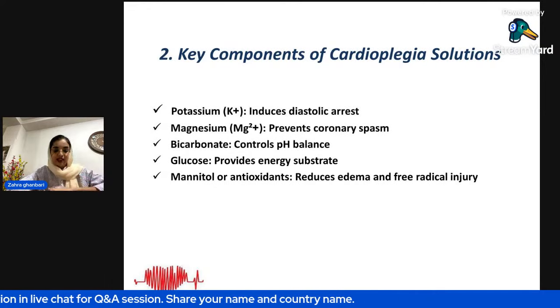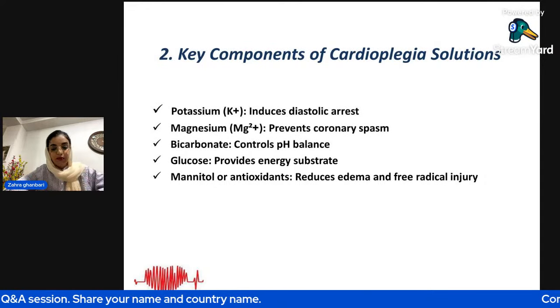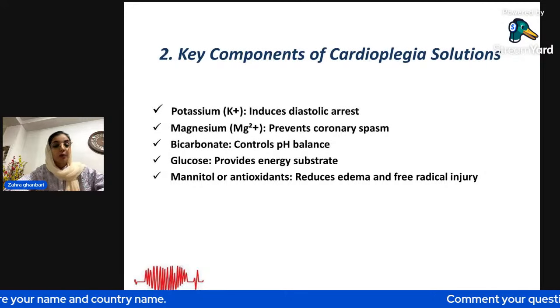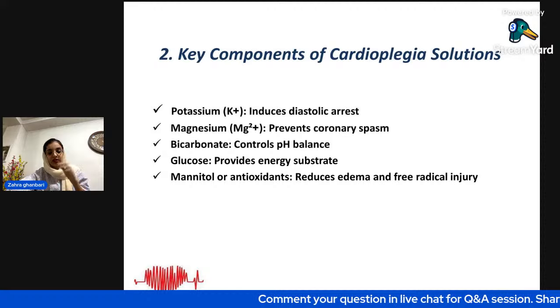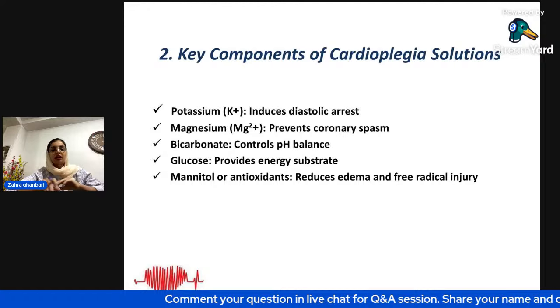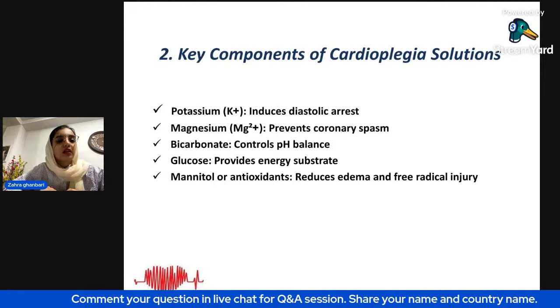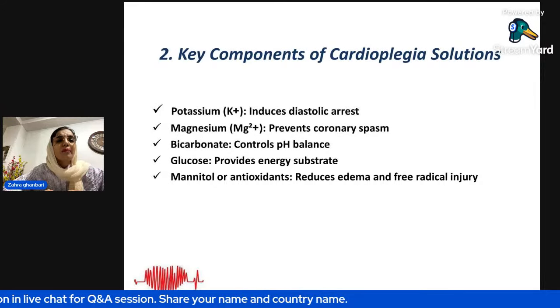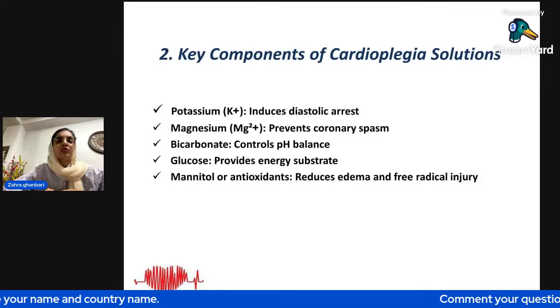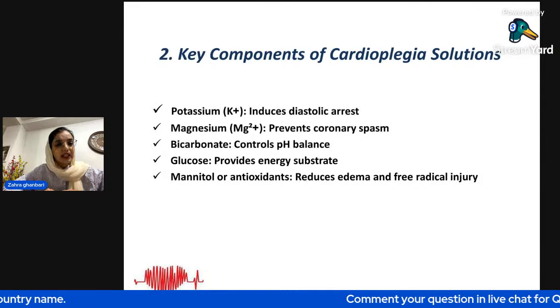Del Nido contains potassium, magnesium, lidocaine, mannitol, bicarbonate, and blood, and low calcium. If I talk more about each component, potassium was discussed completely in the last session.